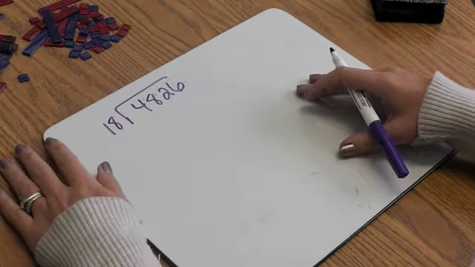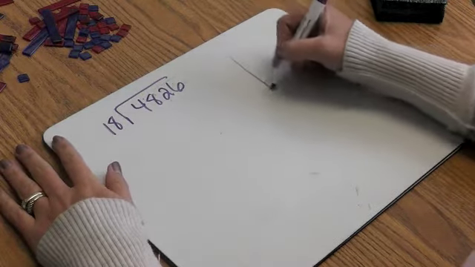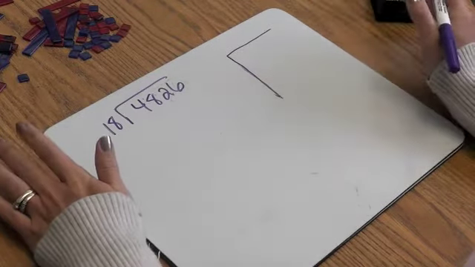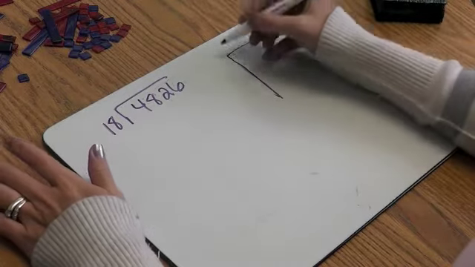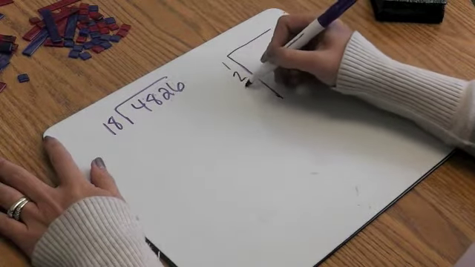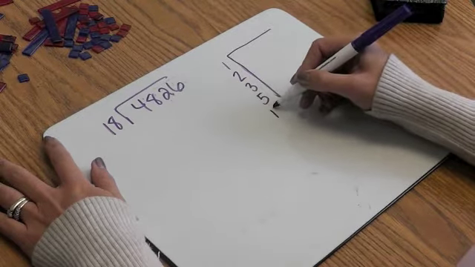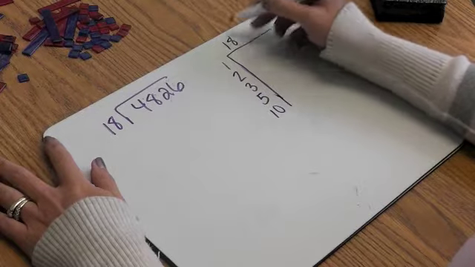And on the side, because they're comfortable with the multiplication piece, I get them to choose some basic numbers that they can multiply. So I start 1, 2, 3, maybe 5, and 10. And so I'm multiplying 18 by these numbers.